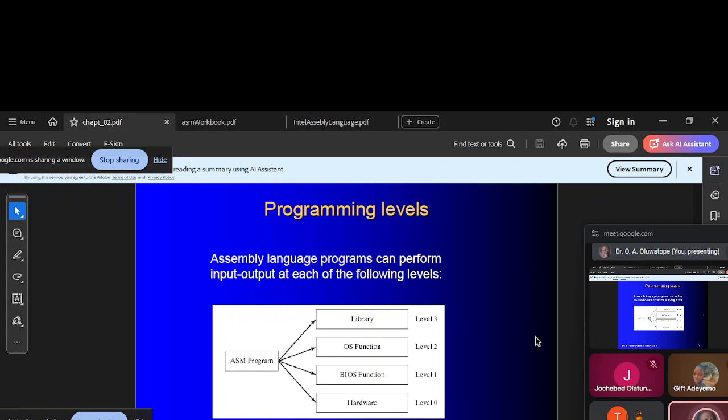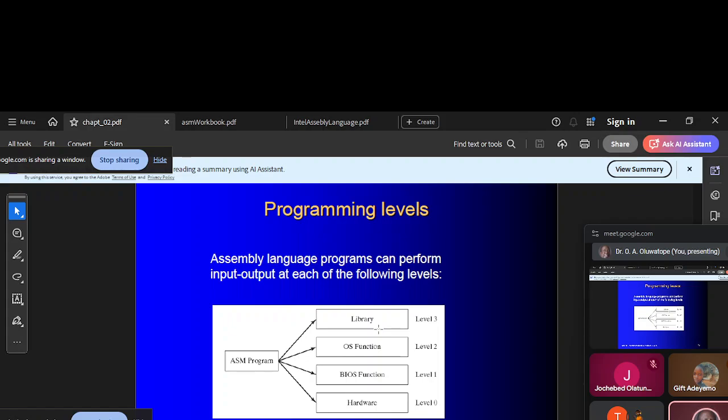And in programming, an assembly language program can perform input output at each of the levels. You can use assembly to perform input output, that is, you can accept input or send output at the hardware level. You can send it at the BIOS level. You can send it at the operating system level.